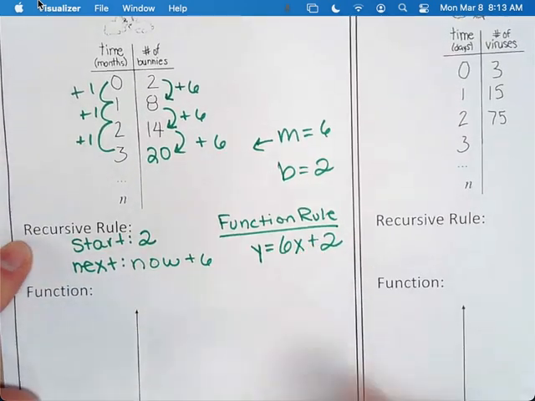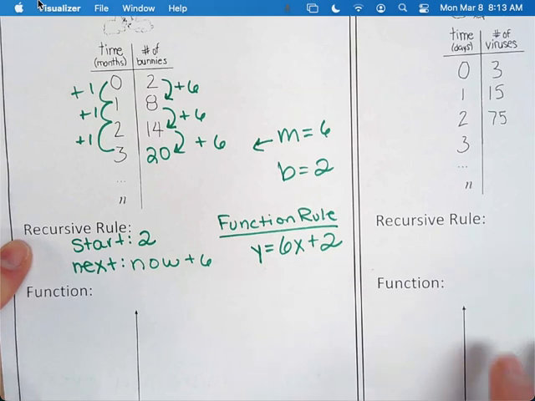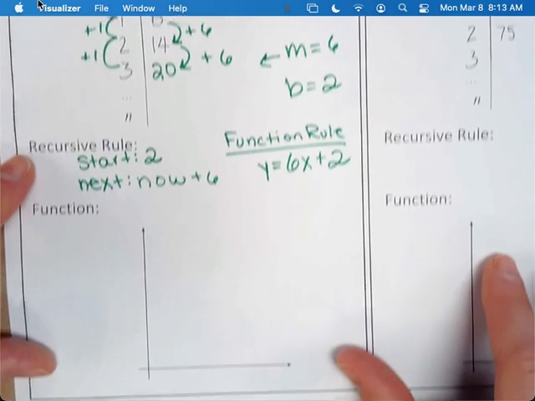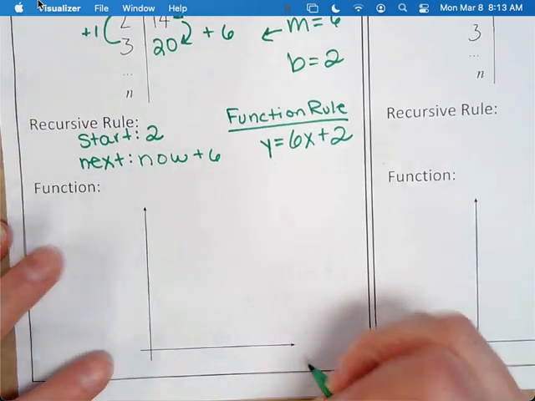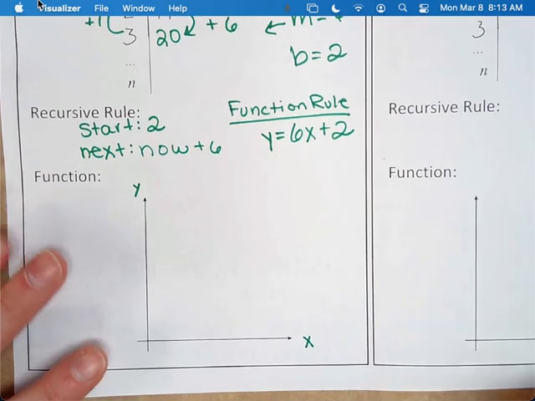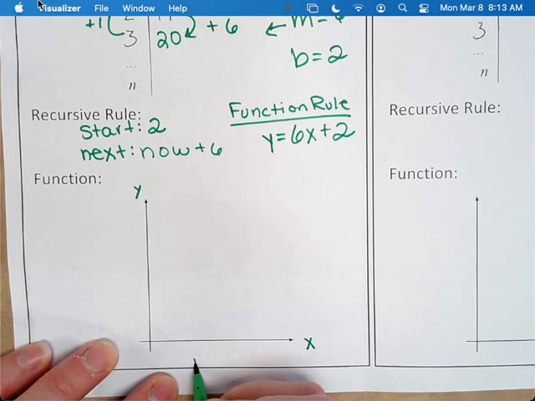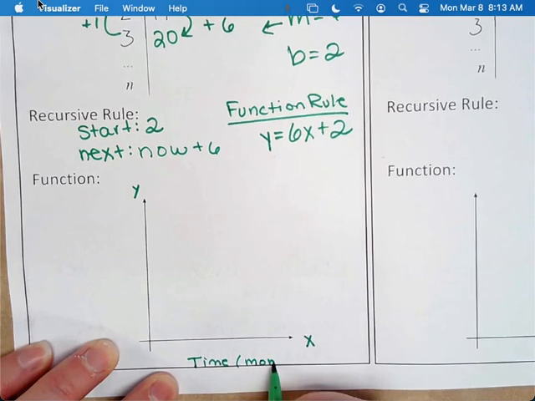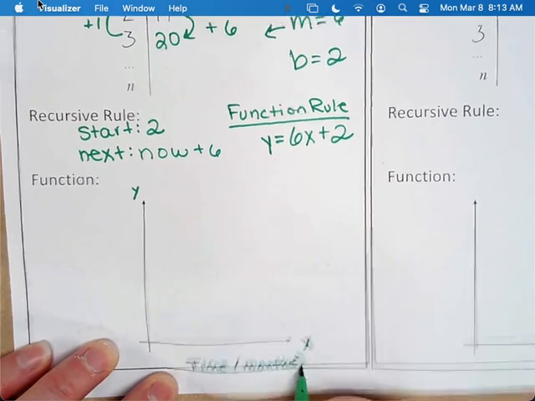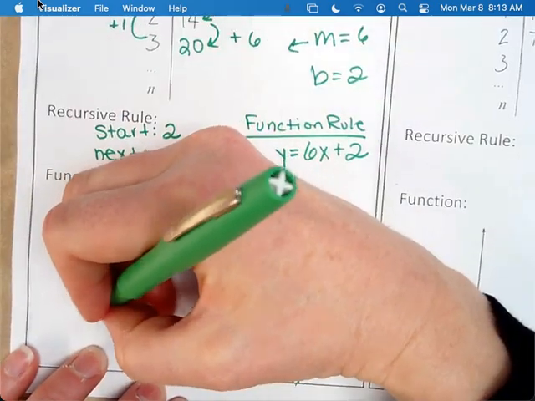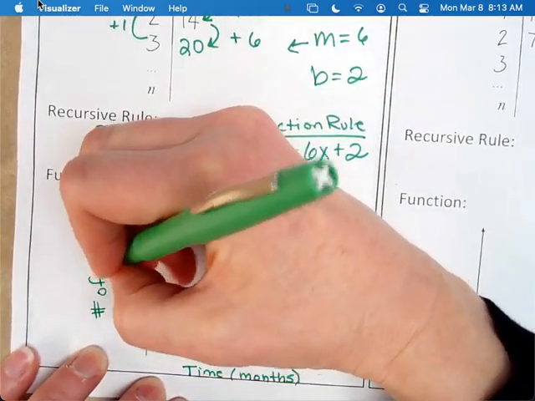This is our recursive rule. So let's graph it on here. So x and y, and we're going to write down what x represents. Time in months. And the y-axis represents number of bunnies.